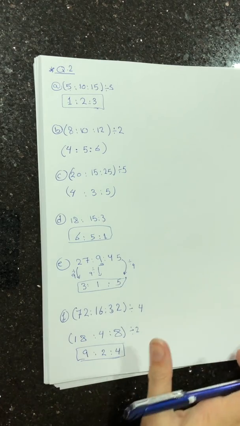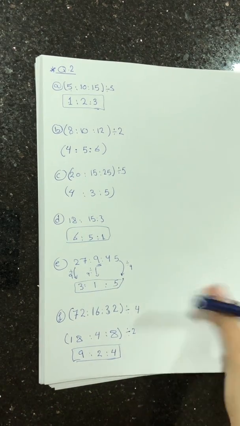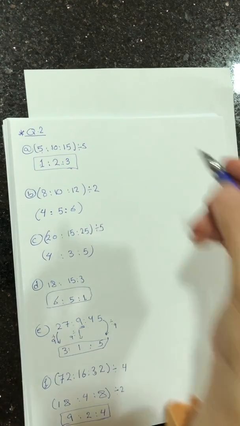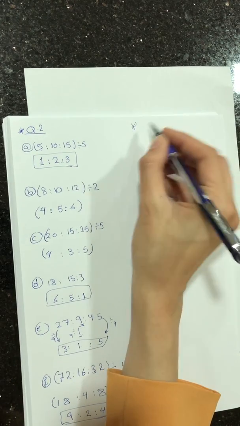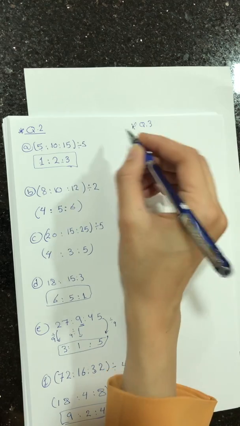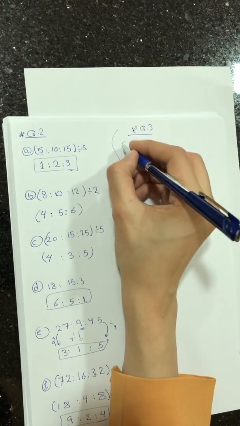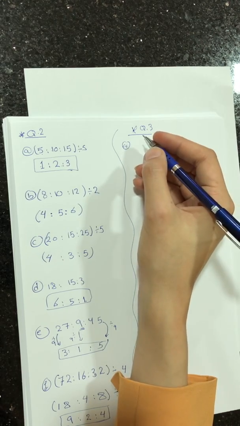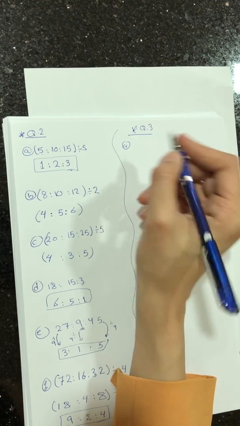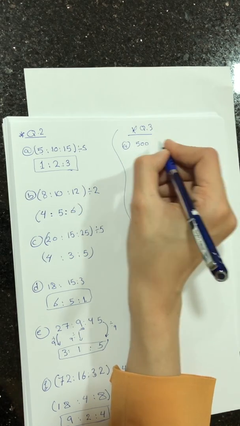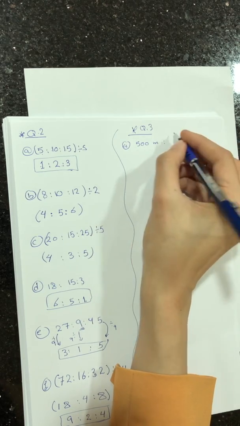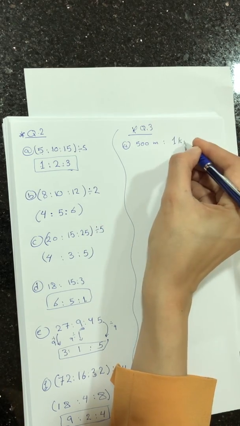Now, question 3 has one more idea into it. Question 3 in the same paper is giving you quantities with units, like measuring units. You have 500 meters to 1 kilometer.